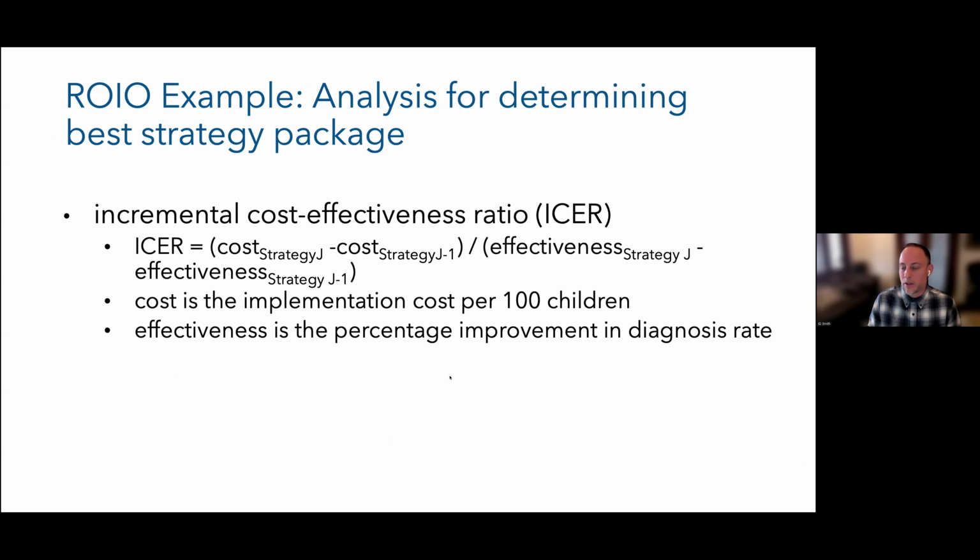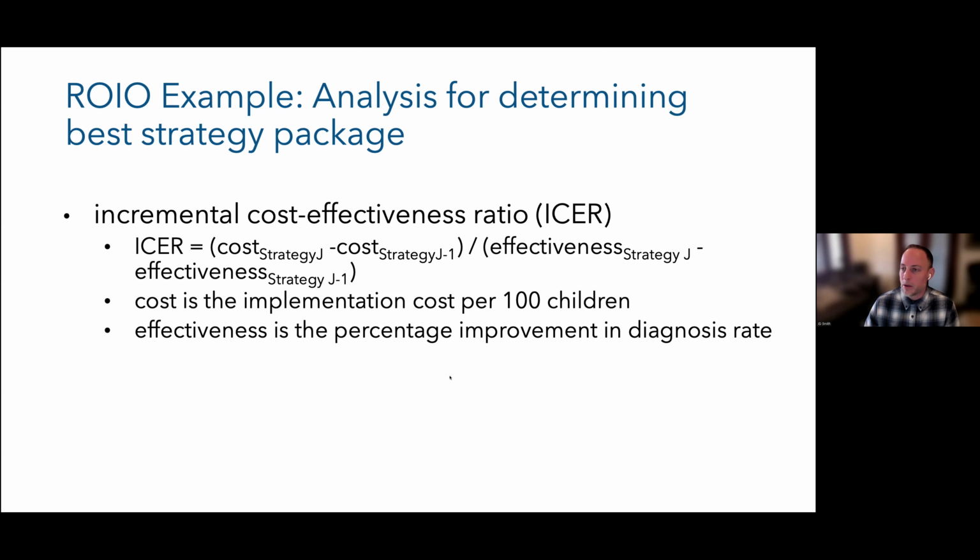So incremental cost effectiveness ratios essentially ask: what is the additional cost, or difference in cost, between two different clusters, representing a cost effectiveness in achieving a particular implementation outcome? In our case, it was the cost of the implementation per 100 children. And of course, we still have the same outcome, which is the percentage improvement in diagnosis.